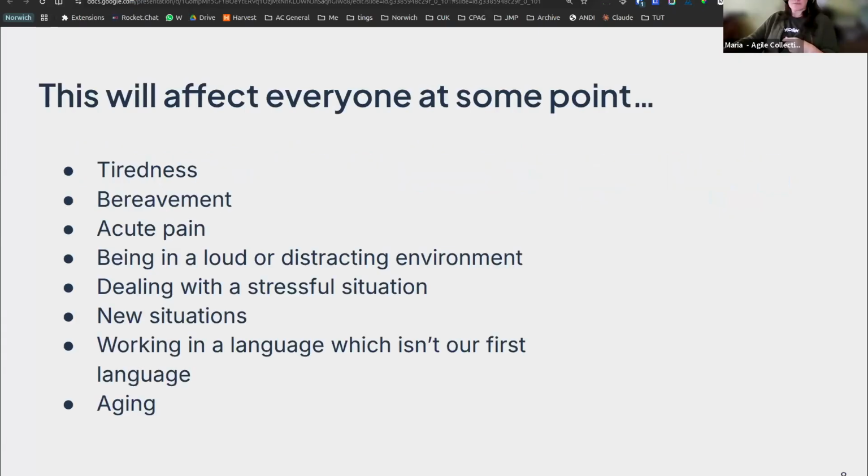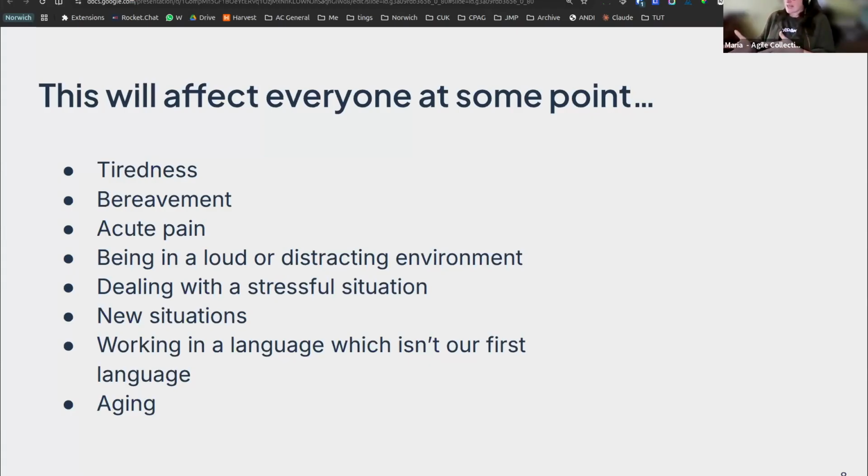There'll be more. Okay, and this is just going to affect everybody, all of us at some point. Our cognitive functions are severely impacted when we're tired, when we're suffering grief and bereavement. If you're in acute pain, that's been shown to very much impact a lot of our working brain functions.